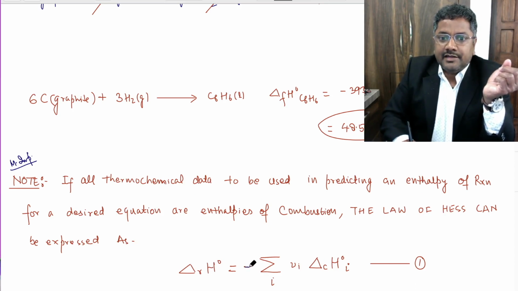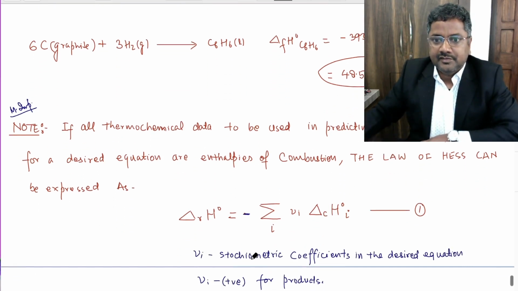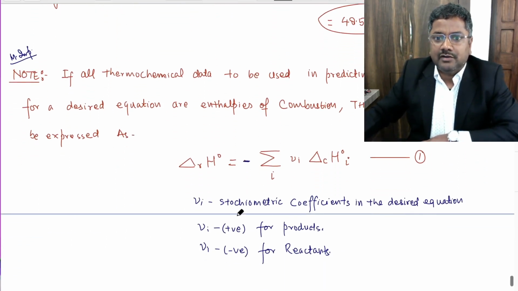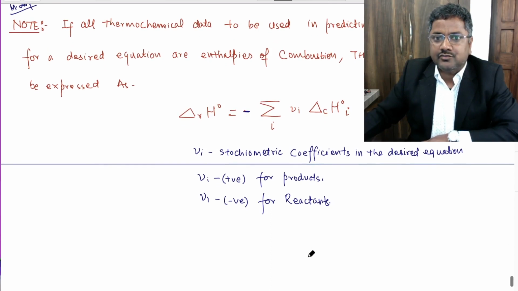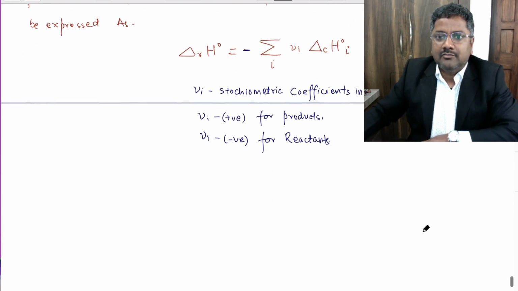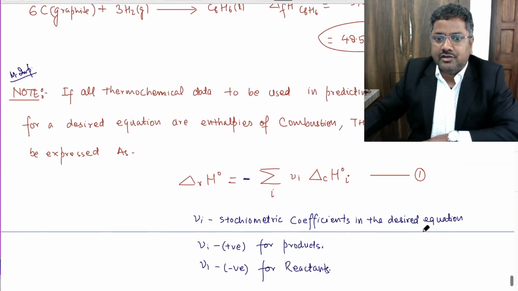See, a negative sign we are supposed to use here to express this equation. Nu i is the stoichiometric coefficient in the desired equation, and it is positive for products and negative for reactants. So try to understand this formula by taking a general equation.